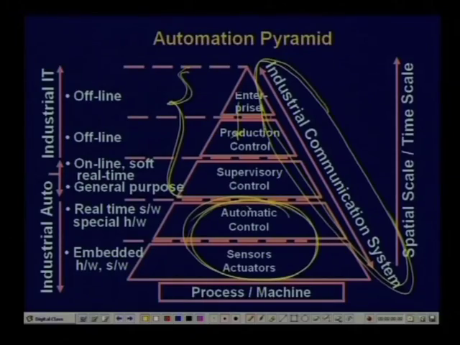So, when you are doing enterprise level planning and optimization, you typically look at months of operation, while if you are looking at automatic control level, then you are typically looking at signals at levels of seconds to minutes, right. So, we see that this is the way complex automation systems are organized.